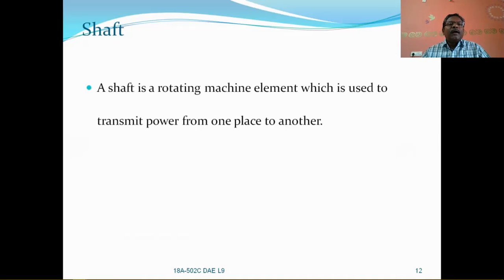A shaft is a rotating machine element which is used to transmit power from one place to another place by mounting either pulleys or gears, etc., over the shaft. So a shaft is a rotating machine element which is used to transmit power from one place to another place.